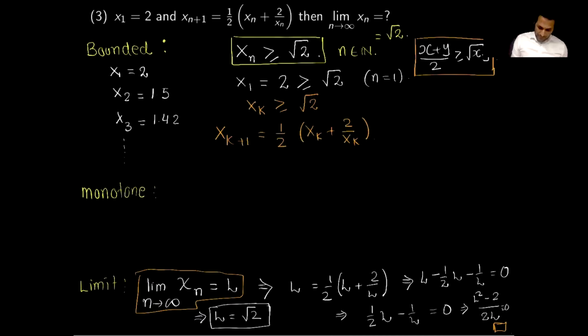As you can see, this is the arithmetic mean of these two terms, 1 half of this term plus that term. So this quantity must be greater than or equal to the square root of xk times 2 divided by xk. Now the xk will cancel out and you get the square root of 2. So this proves the xk plus 1 term is also greater than or equal to the square root of 2.